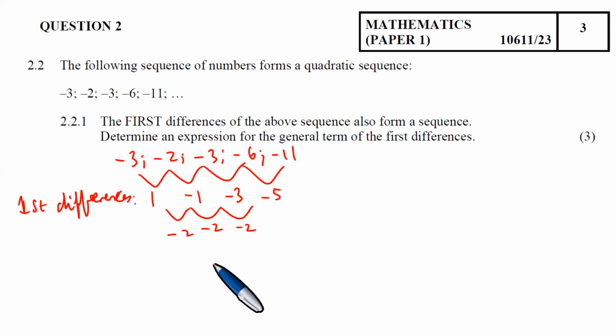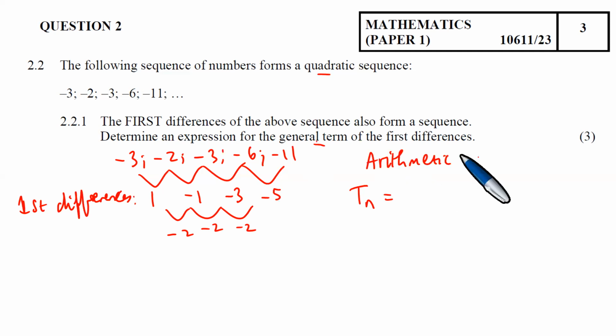Because the original sequence is quadratic, the first differences form an arithmetic sequence, and if they form an arithmetic sequence, the general term is this one here.